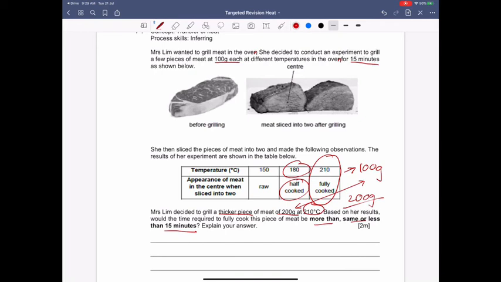Now, this has got to do with the fact that 200 grams is actually thicker than 100 grams. So what happens is that it needs more time because now you are comparing at the same temperature, 200 grams at 210 degrees Celsius, right? Temperature is the same. But what is different is the cut of the meat. So basically, you have one that is 100 grams, and then you have one that is thicker at 200 grams. So they are both subjected to 210 degrees Celsius.